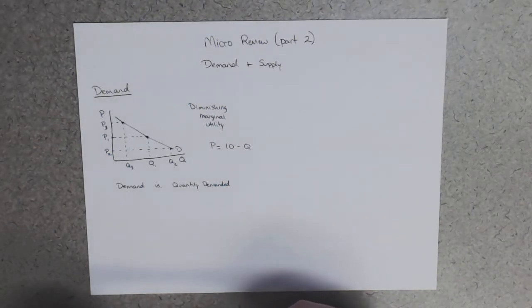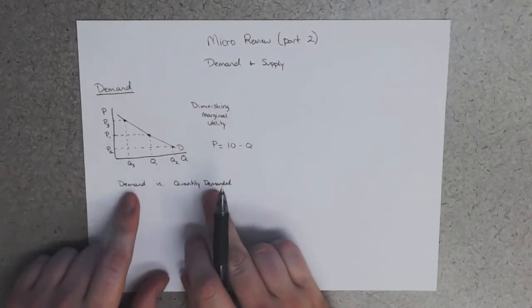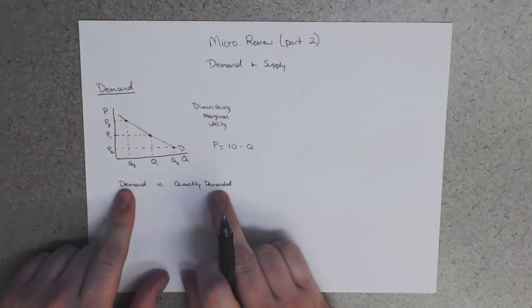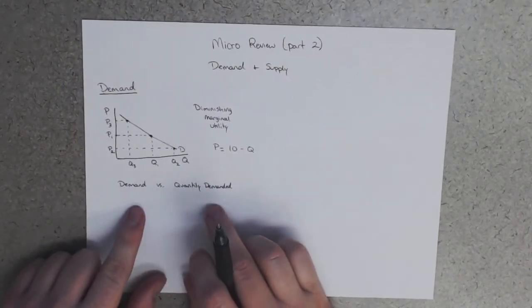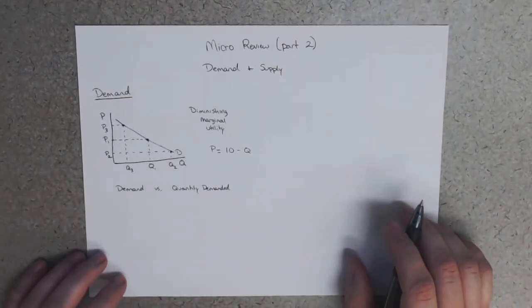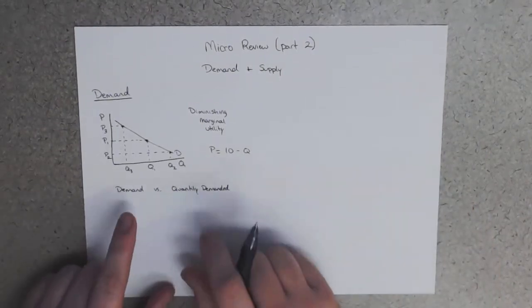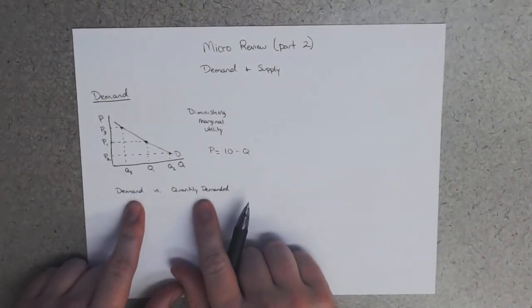Okay. So anytime you're answering a question in this class, make sure you're keeping demand and quantity demanded straight. If you mix these up, which I know sounds very semantic and annoying, and I get it, I totally understand, but it's very important that you keep these two things separate.